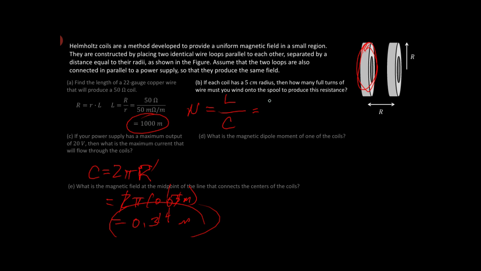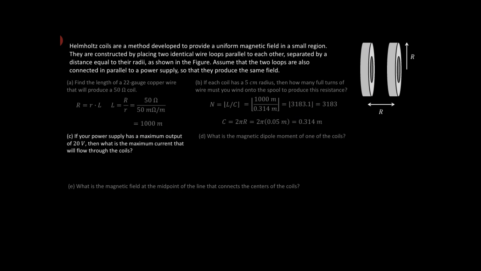That means we have 1,000 meters, 1 kilometer, over 0.314 meters, which is 3,183 turns. So that's how many turns we have to do to get that resistance.